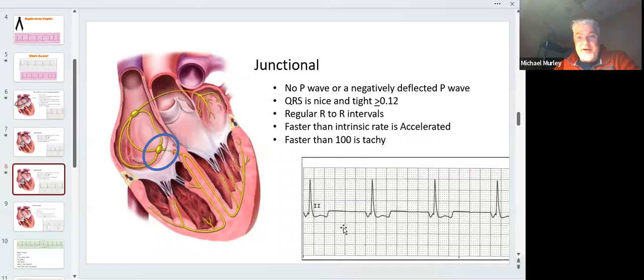So here's a good example right here. I think we've already done this; the rate was 50. So let's say this is our patient and they are symptomatic. Maybe they're diaphoretic, maybe they have some altered mental status, some confusion or shortness of breath. Their heart rate's only 50 and their blood pressure is in the tank, so to speak. Will atropine work on this junctional rhythm?